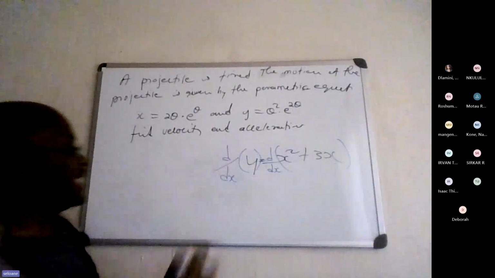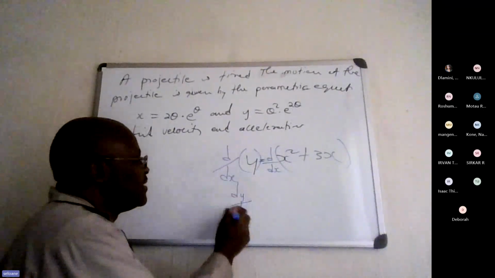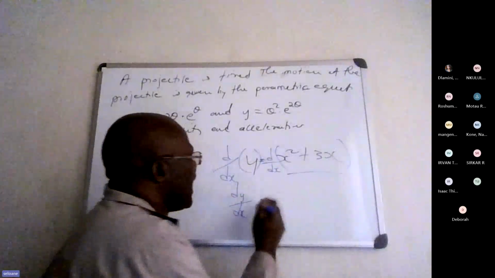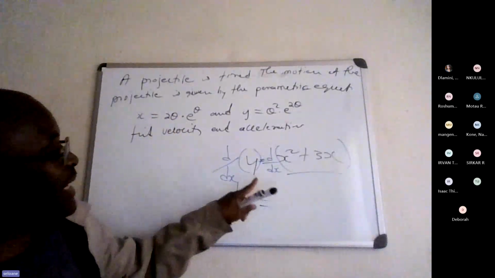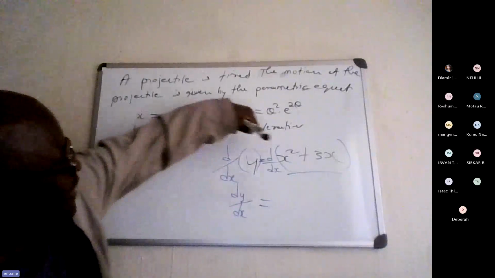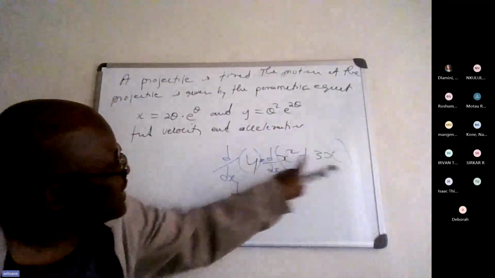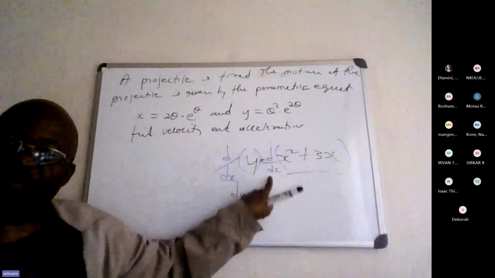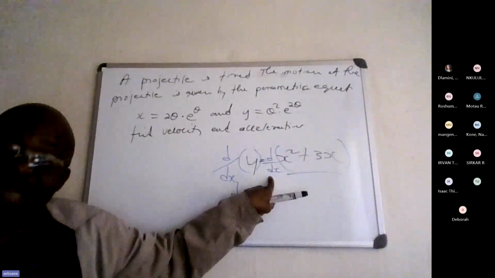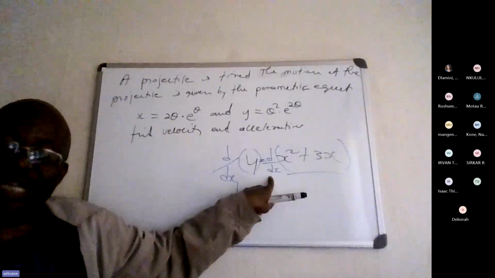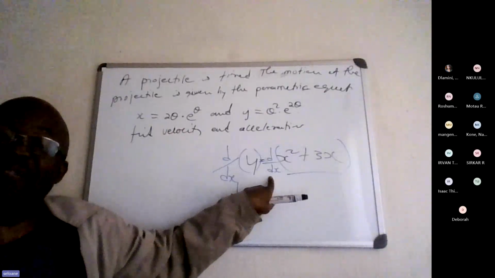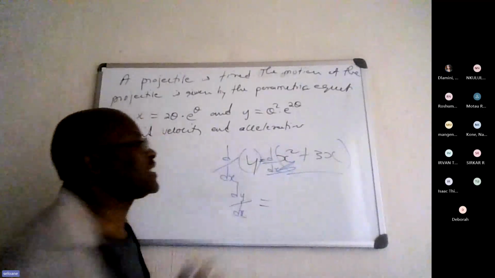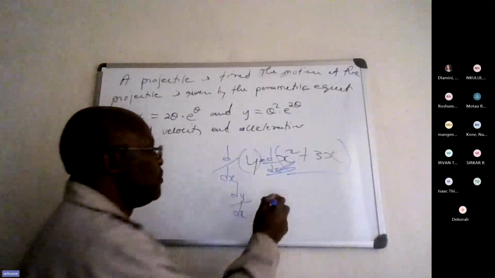Now the left side becomes dy dx. And on the right side, we are differentiating a function given in terms of x with respect to the very same variable x. There, you just use the standard differentiation rules. You differentiate the first term, which gives 2x.